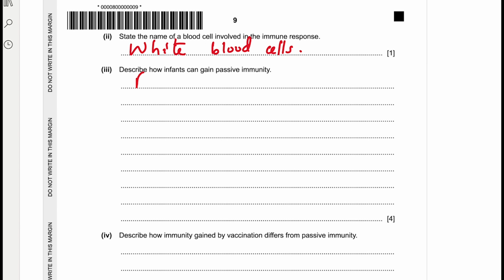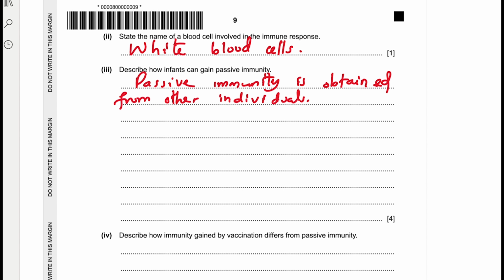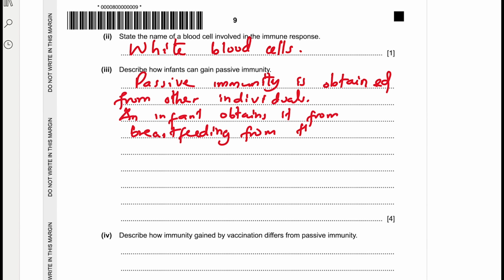Alright, so we'll say first, passive immunity is obtained from other individuals. Alright, then an infant obtains it from breastfeeding from their mothers.